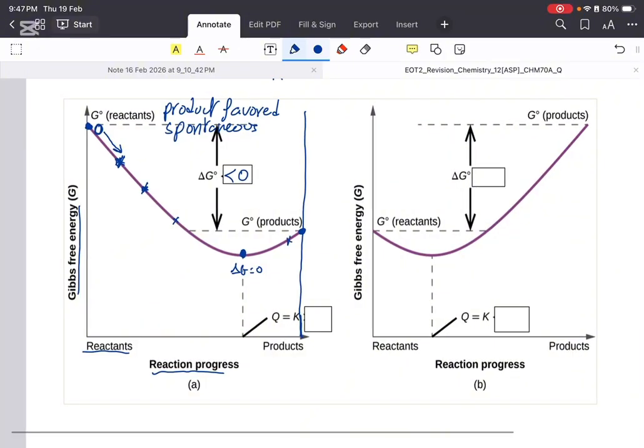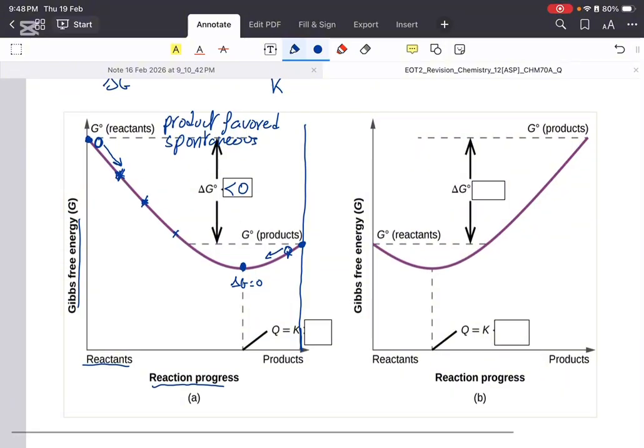Now, of course, if I have a marble at this point, it's gonna roll back. It means the products are going backward to the reactants. Now, in general, when you look at a graph like this, a swing shifted to the right, you just have to remember the point of the product is lower than the point of the reactants.